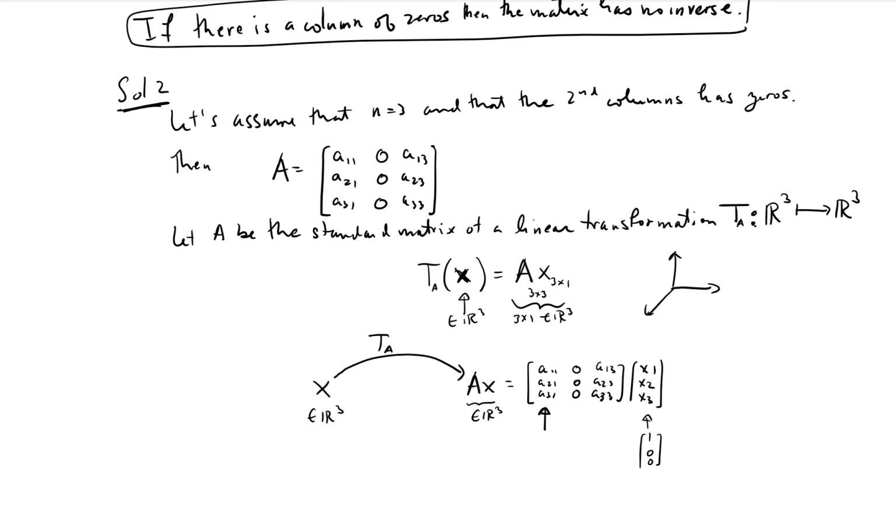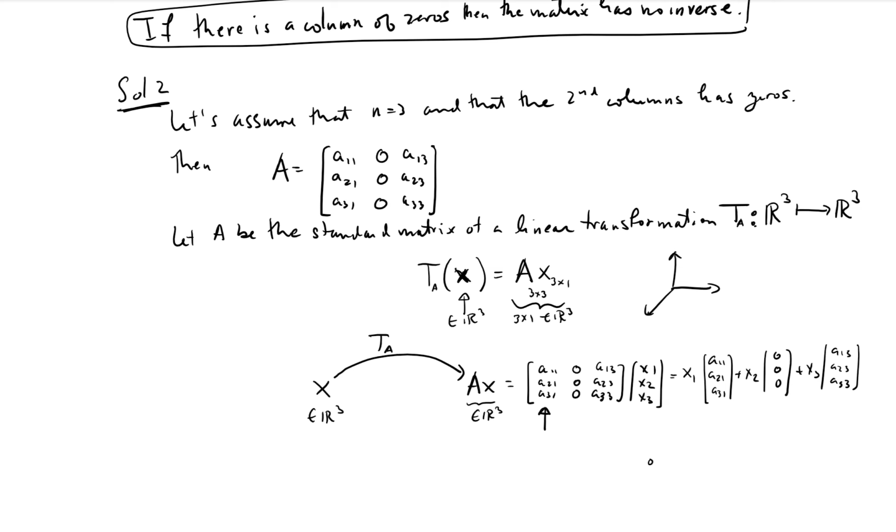That's because as you multiply, one way to look at it is that you're going to get a linear combination of the columns of A. But if I've got 1, 0, 0 for the components of X, we're going to get just the first column of it: A11, A21, A31.